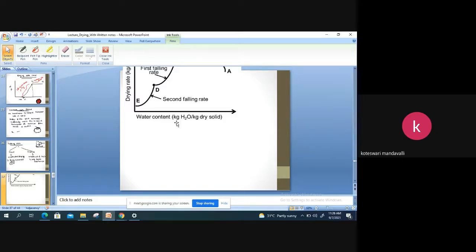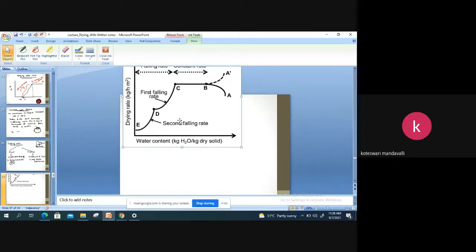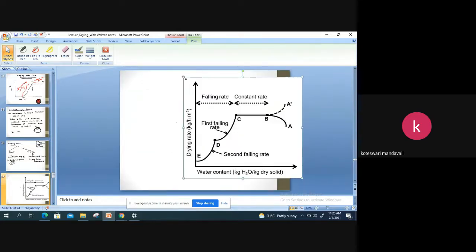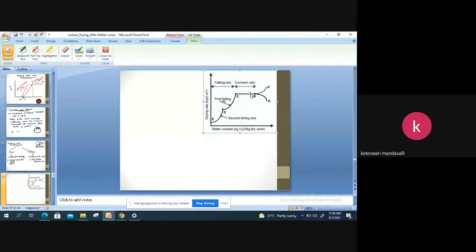Yeah, you see this curve, whatever I have told. This curve looks good, no? Okay, falling rate, first falling, second falling. Okay, so this is a constant rate.